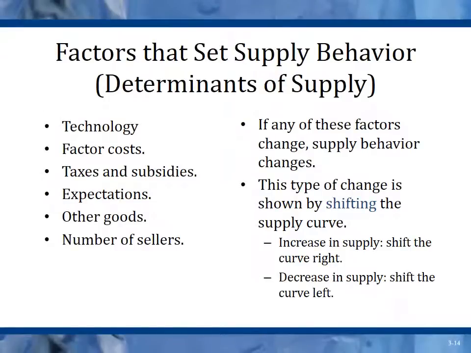Factors that set supply behavior. This is very similar to demand. Technology, factor costs, taxes and subsidies, expectations, other goods, number of sellers.